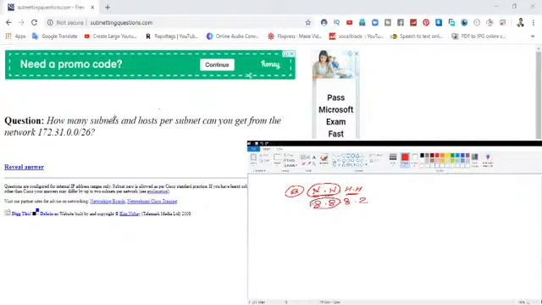We will check how many bits are on and how many bits are off in the last 2 octets.